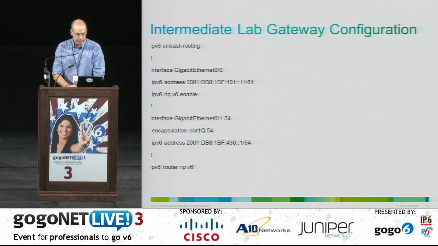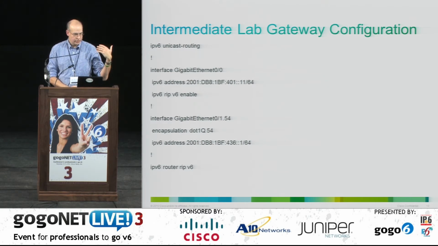On the intermediate lab gateway, it's a similar type thing where the uplink interface is going to be configured with RIPv6, carry those routes from the lab, and enable connectivity.